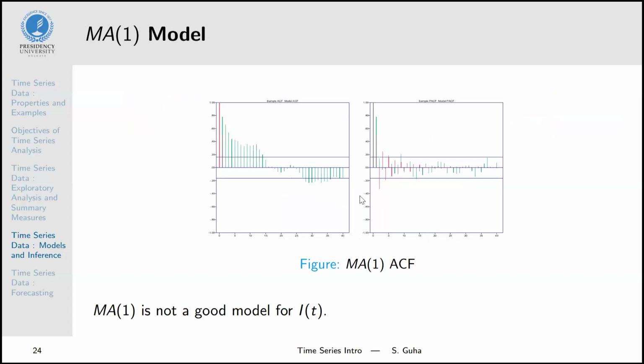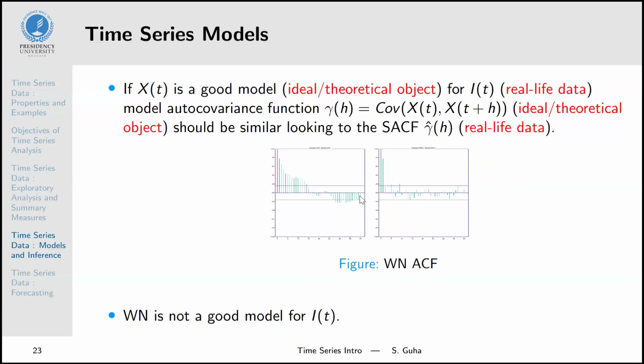Can you see that now there are two red spikes? In white noise, there was only one red spike. So this red one is the lag 0. Lag 0 means you are calculating the correlation of today with today, so that will definitely be 1. Today's data is perfectly correlated with today's data. That is not giving you anything new.